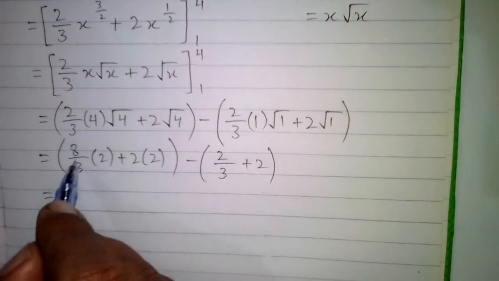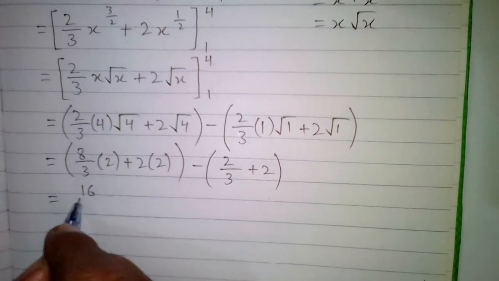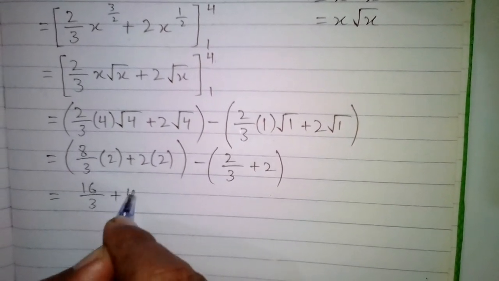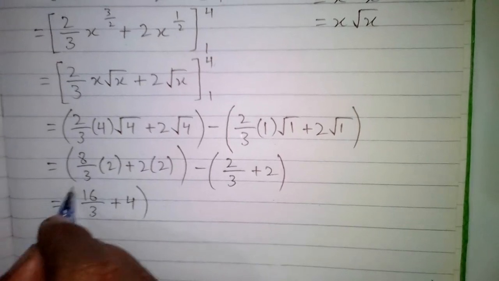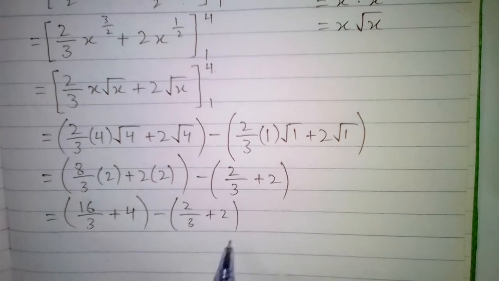Now this 2 will be multiplied by 8, so we have 16 upon 3 plus 4 minus 2 upon 3 plus 2.